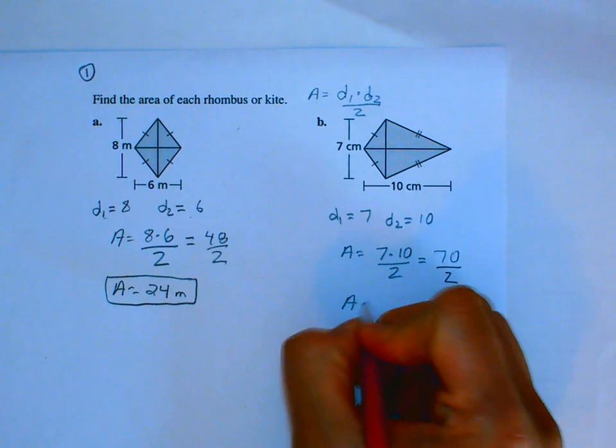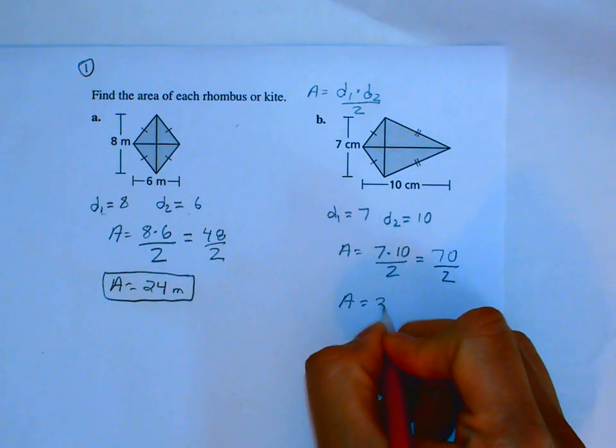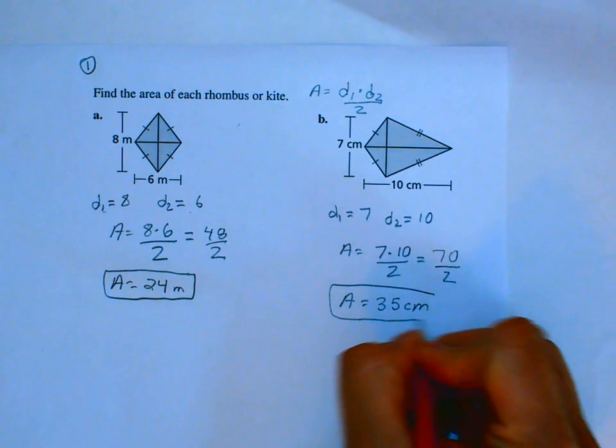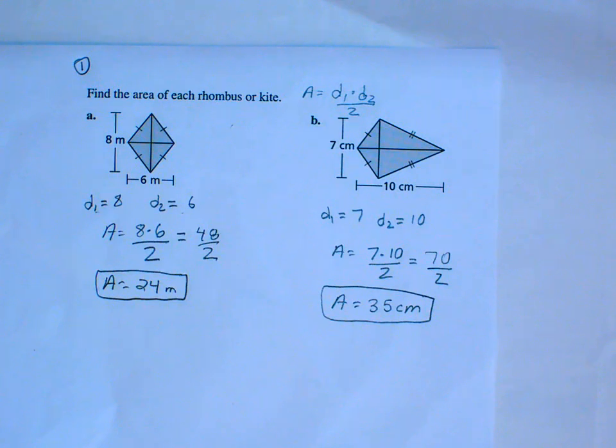The area is going to be 35 centimeters. If you need more time, make sure you pause the video so you have more time to copy. All right, let's move on to example number 2.